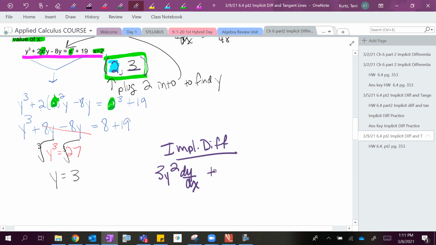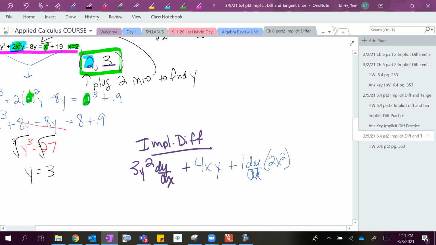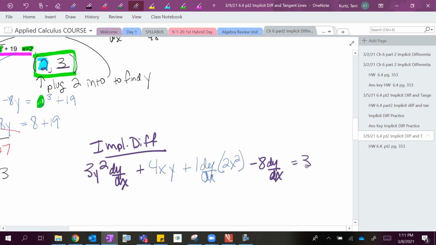plus, now again, I need to use product rule here. So I'm going to say derivative of the first is 4x times the second plus derivative of the second times the first, minus 8 dy/dx equals 3x squared.